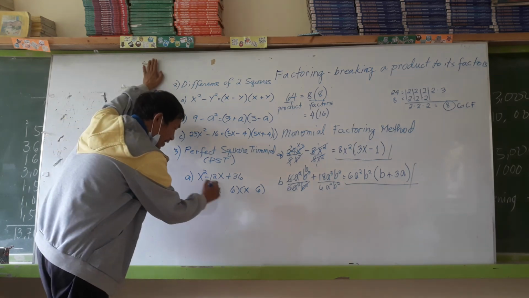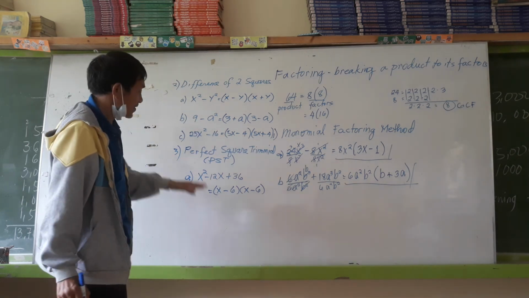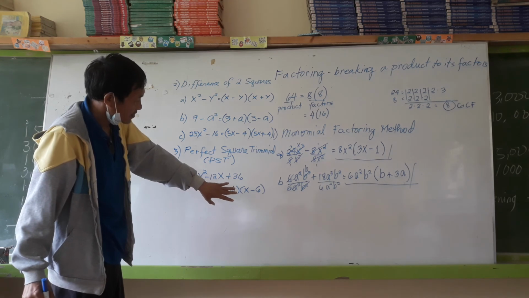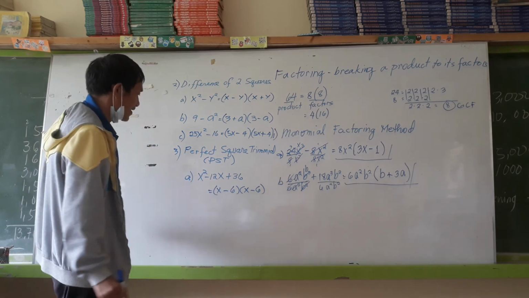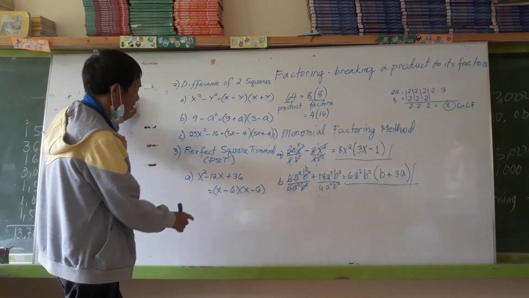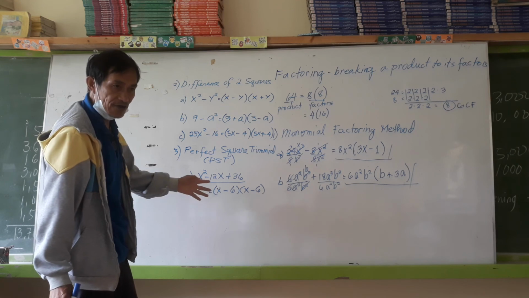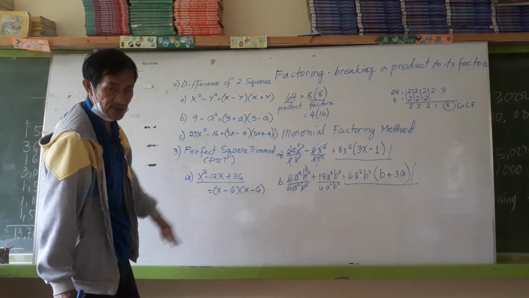Follow the sign, so that is minus, minus. Both are negative. Now, if we are going to multiply this factor, you are going to arrive at the same product. If you arrive at the same product, your factors are correct.